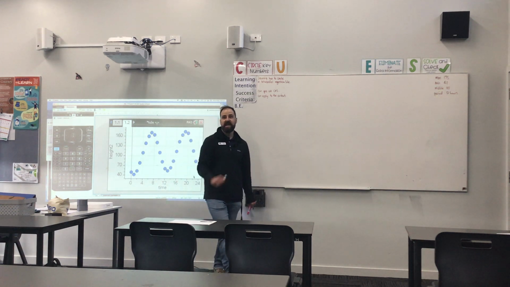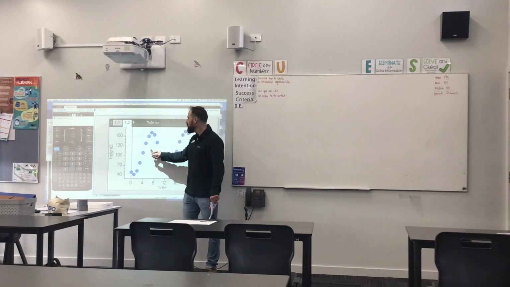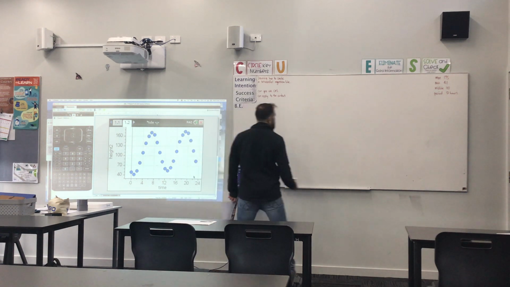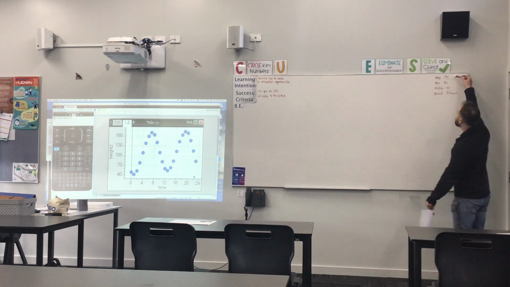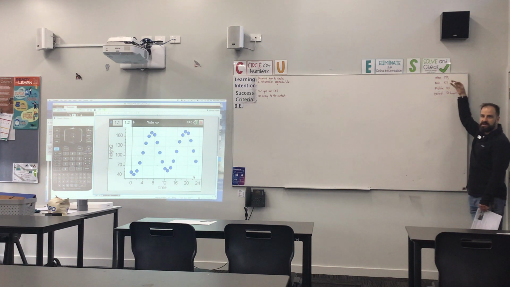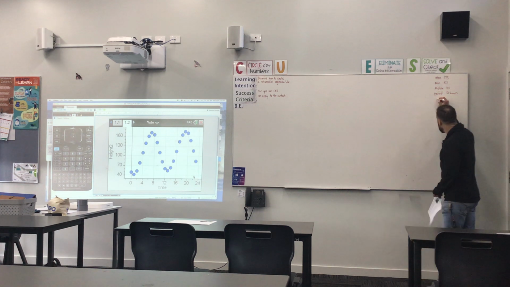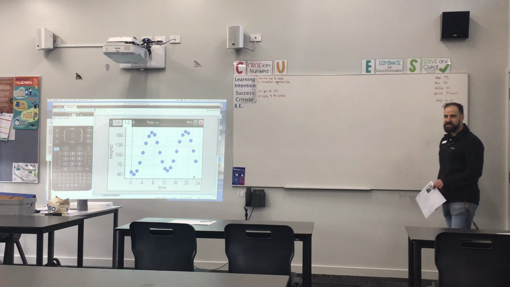Yes, because that's the amplitude. If we said the midline was about 110, what do we think the amplitude is roughly to get to 175? It'd have to go up how far? About 65, and how far would it have to go down to get to 42? About 65. So the amplitude is around about 65.